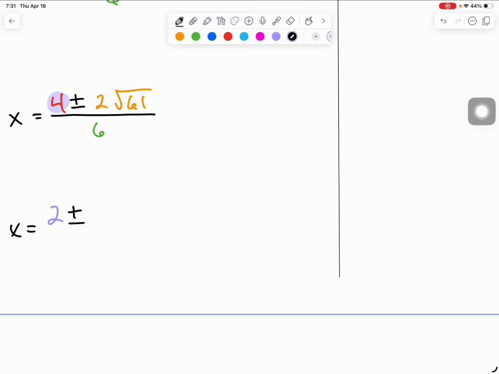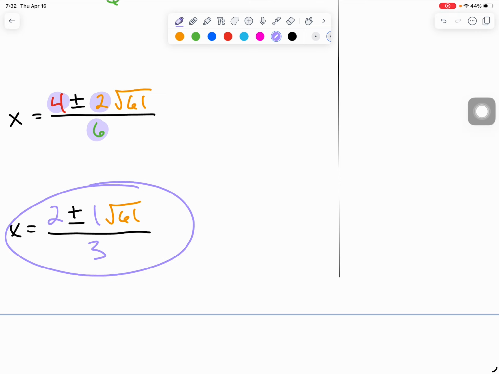I'll put in our plus minus. I'm going to take this 2 and divide it by 2. You won't see the 1 in an answer choice, but I will leave it there just for your understanding, with the root 61. Set that over. We will do 6 divided by 2. We get 3. And now you're done.